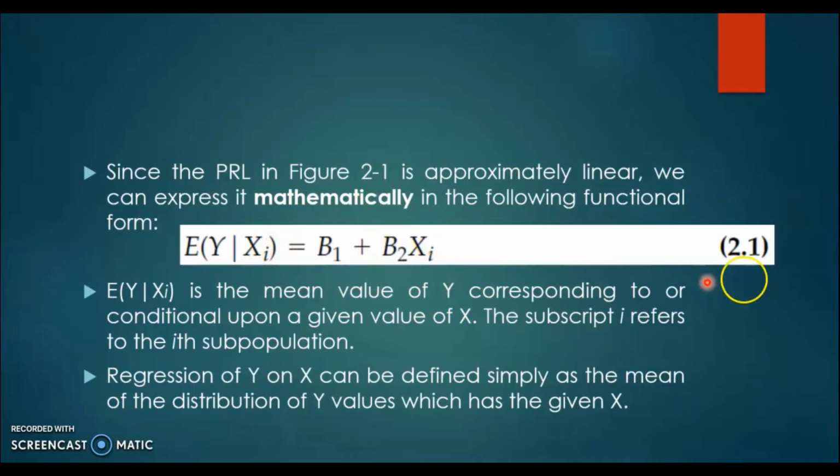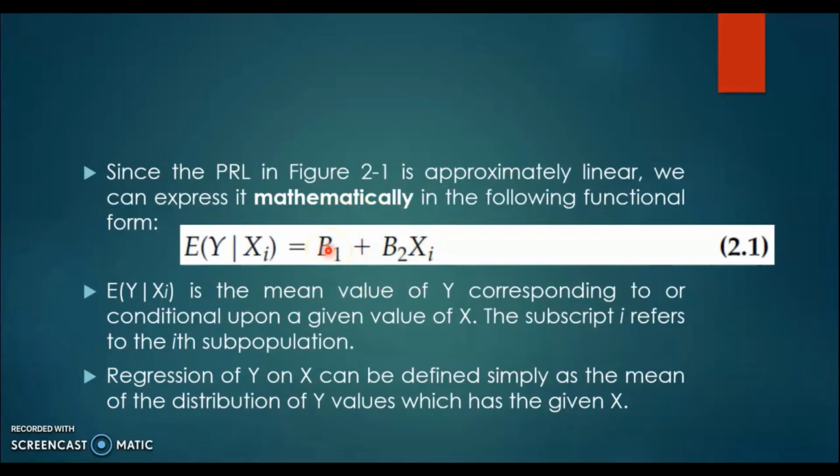Of course, in this equation, we have beta 1 and beta 2. Here they are represented by B1 and B2. So B1 and B2 here uphold the parameters, or they can also be called the regression coefficients.